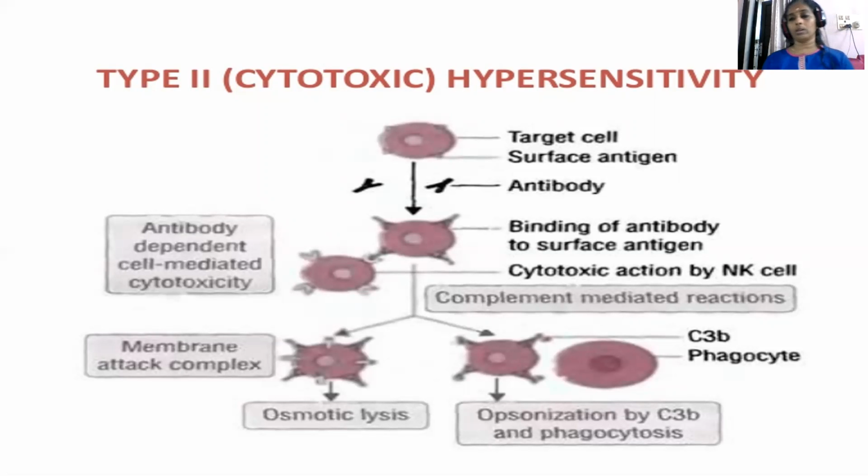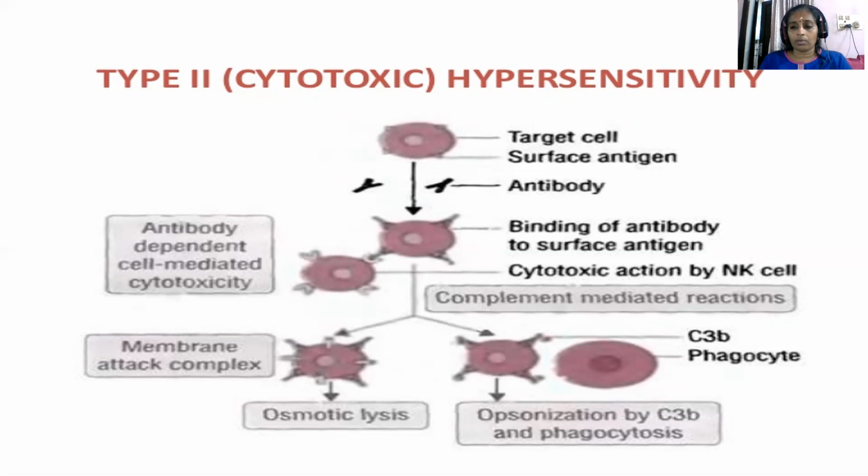There are two ways a complement can act, the alternative pathway and the classical pathway, and both pathways result in the formation of membrane attack complexes that attack the membrane by producing perforations on its surface, resulting in the oozing out of cell substances and the death of the cells.